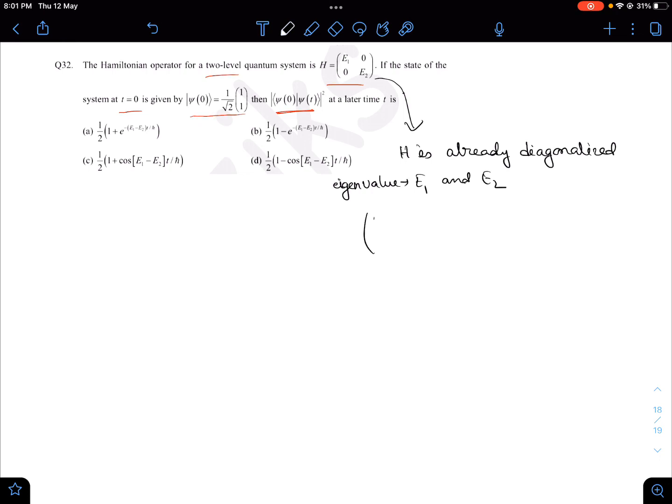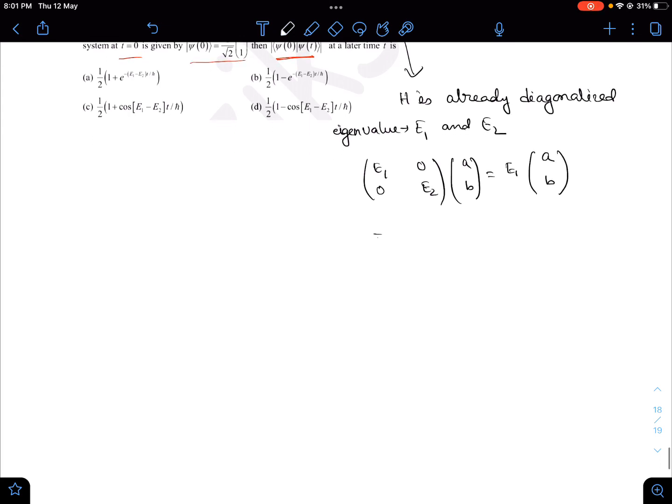Suppose (A, B) is the eigenstate, so we will have this on this side, and if we calculate this, then we will get E1 A equal to E1 A, and E2 B equal to E1 B. Now since E1 is not equal to E2, we have to have B equal to 0.